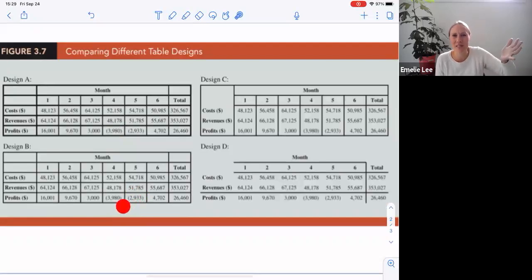They just told us the fewer lines, the better, but I still like design B. They claim that most people are going to gravitate towards design D, and maybe they're right. There may be some truth to that. It looks good. And here's the example that I was talking about. If I wanted to talk about how much money I made or the profits, that's the revenues minus the cost, and so I would separate that with a line.